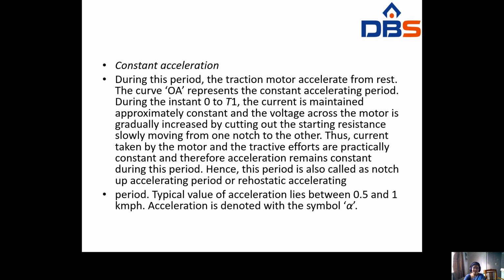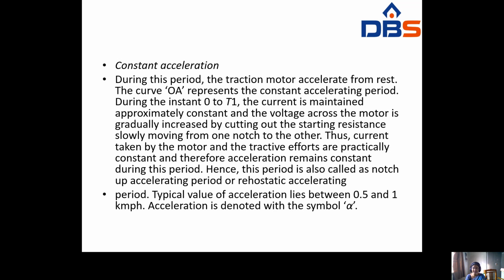The current taken by the motor and the tractive effort are practically constant, and therefore acceleration remains constant during this period. Hence this period is called the notch-up acceleration period or rheostatic acceleration period.